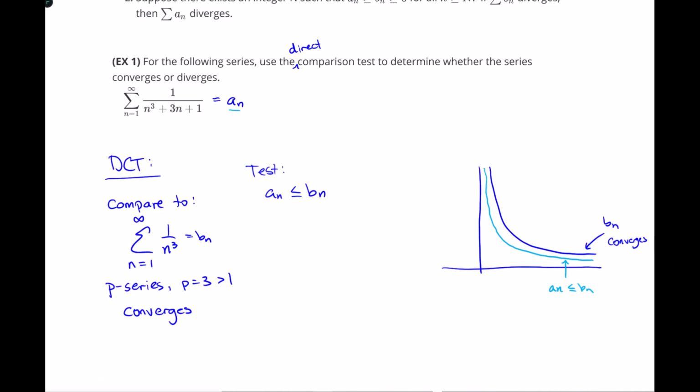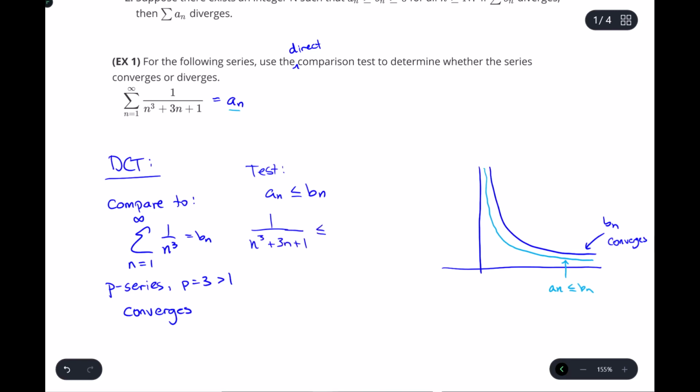Now, it's really easy to mix up the order of that inequality, which is why I literally just draw this diagram every single time, because it makes it fairly trivial to get that correct. So the elements of a sub n would look like 1 over n cubed plus 3n plus 1. We need that to all be less than or equal to the elements of 1 over n cubed.